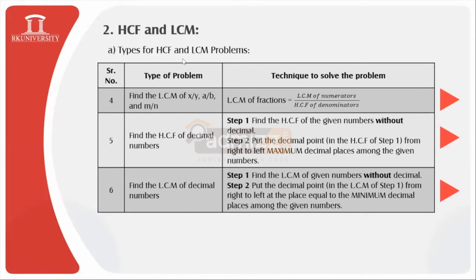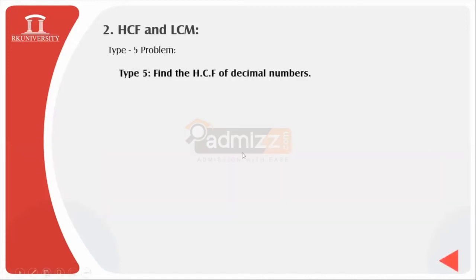To have a better understanding, we will quickly observe this type of problem with the help of an example. Let me quickly redirect you to the example of type number 5. Type number 5 is find the HCF of decimal numbers, and the problem offered is find the HCF of 0.11, 0.121 and 0.1331.